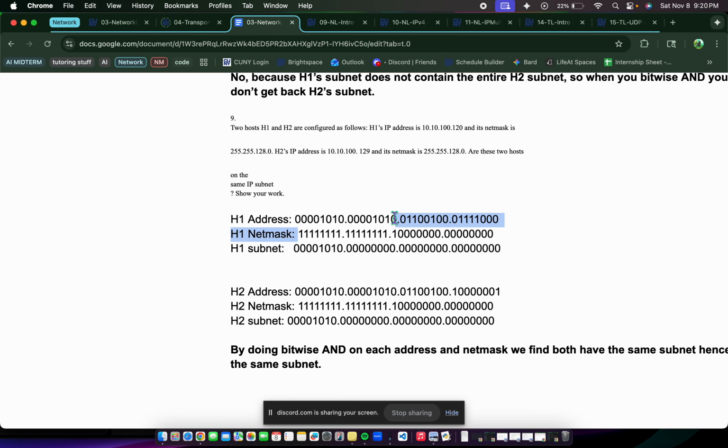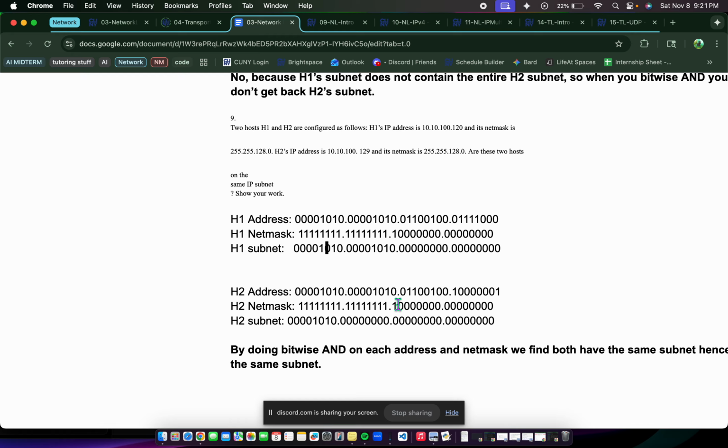That means the first 17 bits are going to get preserved, because the 0 and the 1 make a 0, and 1 and 1 is a 1. So this is just literally preserving those bits. I'm going to copy paste this to save a little time, meaning we get this back as our answer for this subnet.